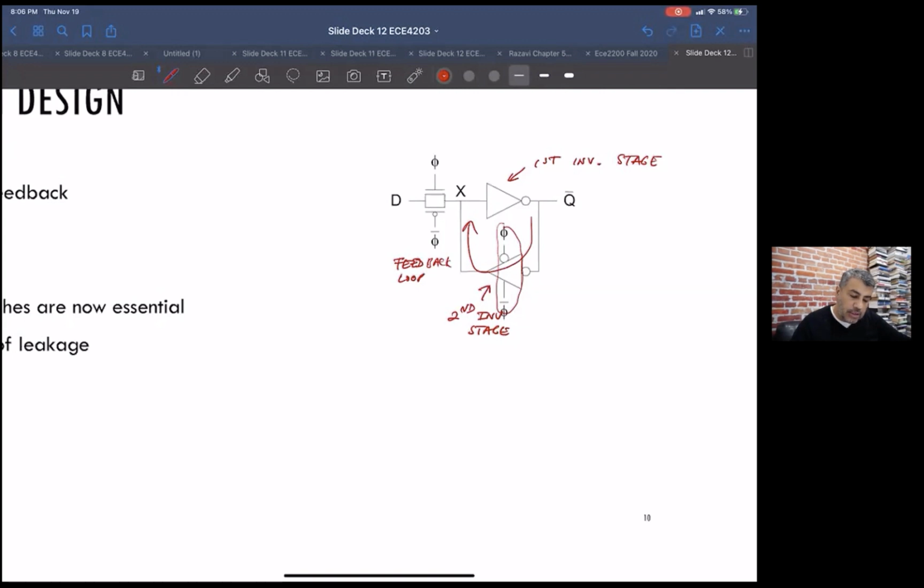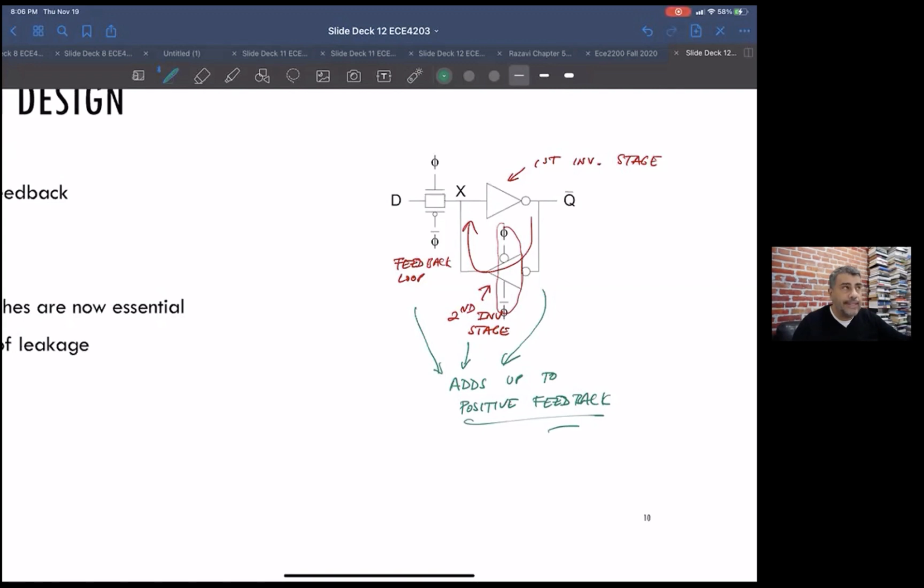So all of these things together: you have feedback, you have one inversion, you have another inversion. That all adds up to positive feedback, which normally is a really, really bad idea, because it makes your circuit lock up.